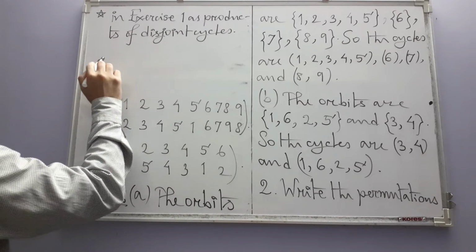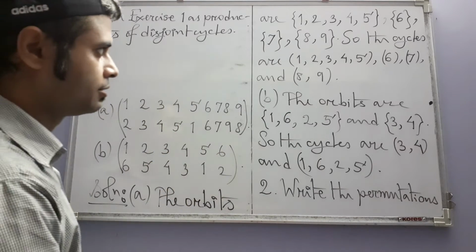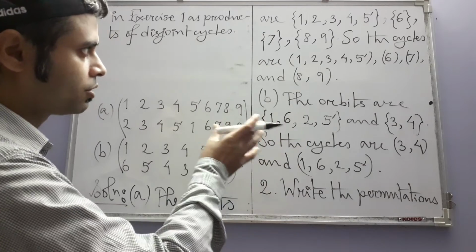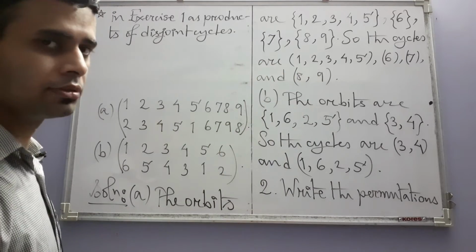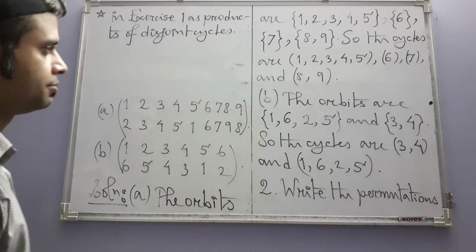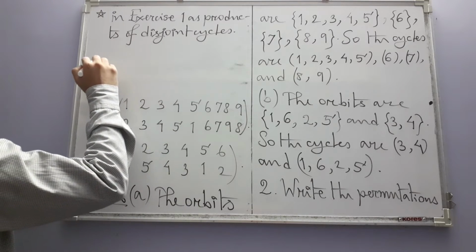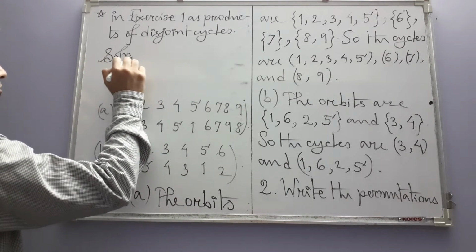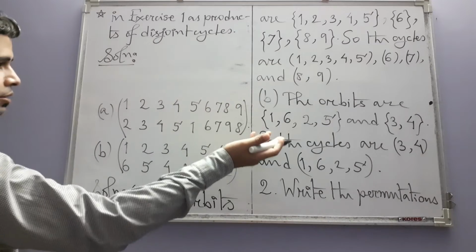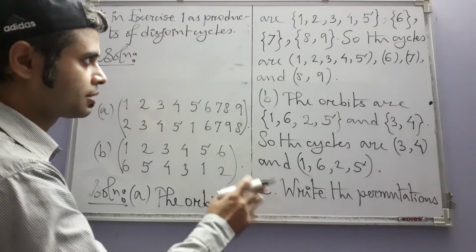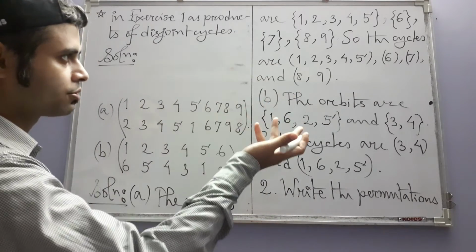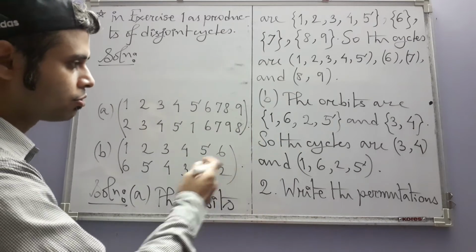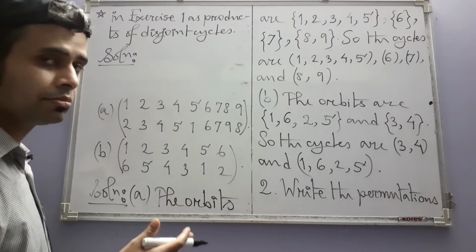Okay, and you already know how to do that. You just take the product of these cycles that you have found, that will give you the permutation. And the way we find orbits and hence cycles from them, these are of course also disjoint. No two of them have any common symbol.